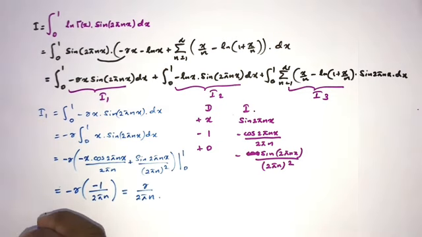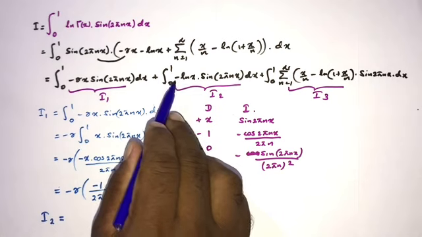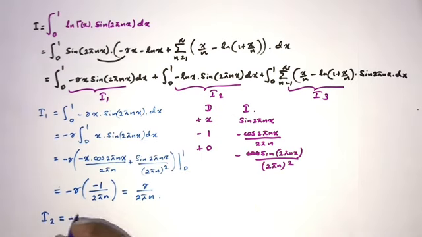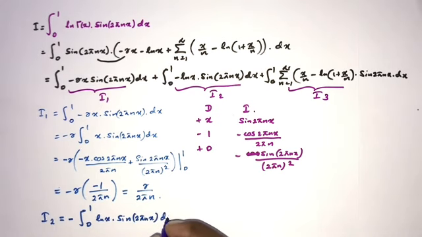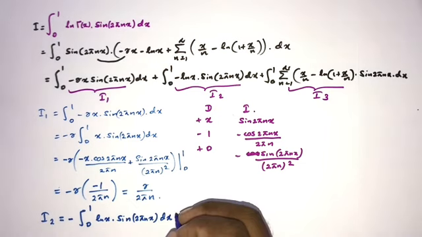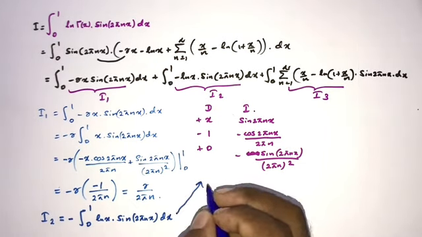We know I2 is equal to minus, the sign being constant, minus the integral from 0 to 1 of natural log of x times sine of 2 pi nx dx. To evaluate this integral, we can use IBP, the integration by parts method.